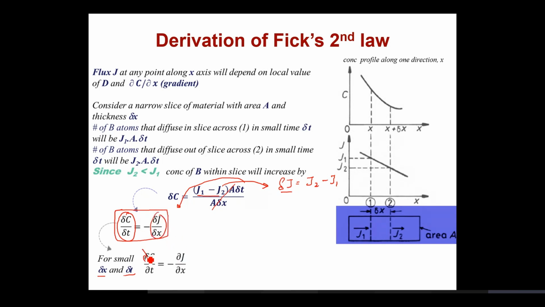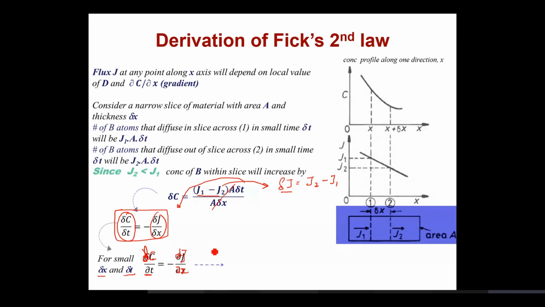You can say dC by dt, the gradient of concentration with regards to time, is essentially equivalent to the negative of the differential of flux with regards to displacement.